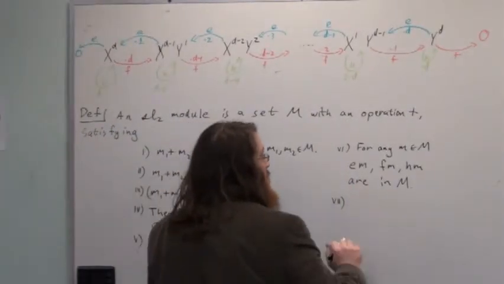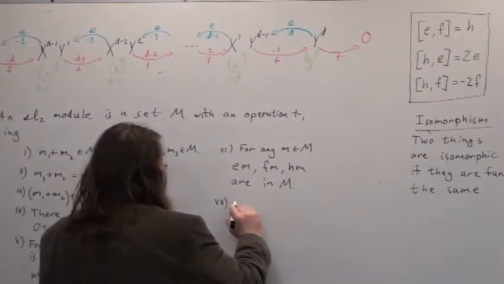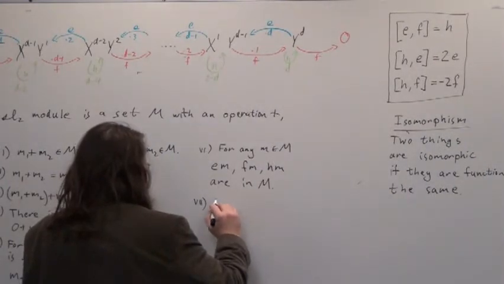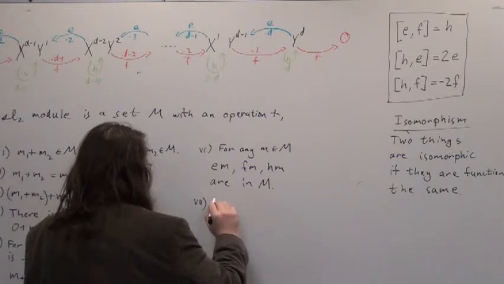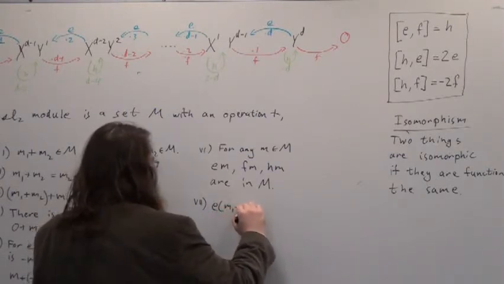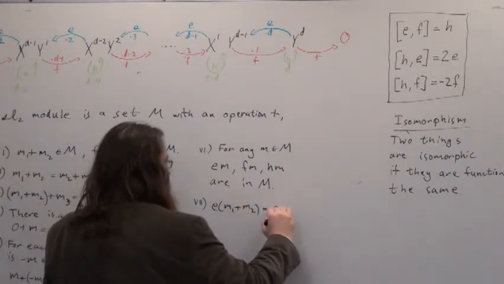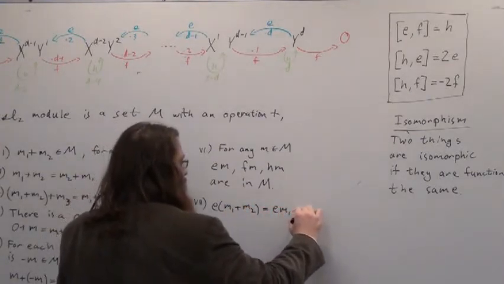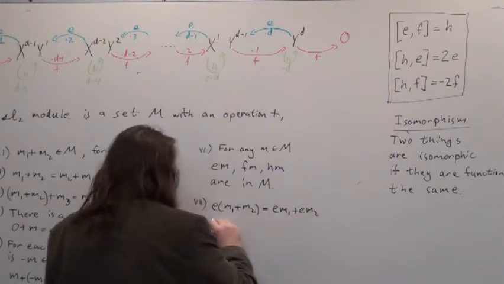This gets along with addition. In other words, E times (m1 plus m2) is E times m1 plus E times m2.